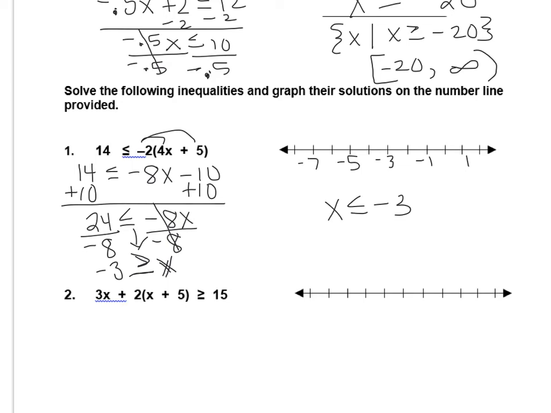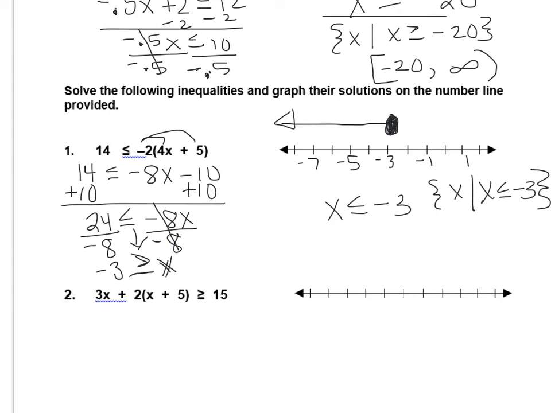Not only is the solution set containing numbers that are less than negative 3, but also equal to. So we're going to color that in. And the values of x that are less than negative 3 would be the ones on the left. In set notation, it would look like this: x such that x is less than or equal to negative 3.